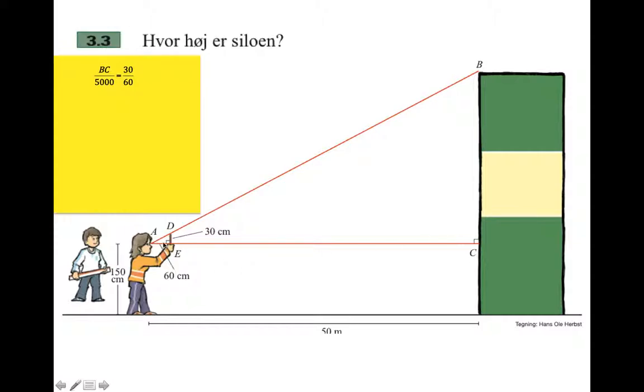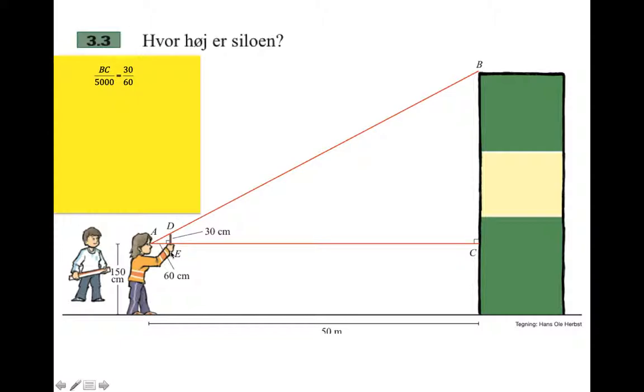So you've got the small triangle with 30 and 60, and you've got the big triangle with something that we'd like to know, and 50 across the bottom. And the 50 is 5,000 centimeters.